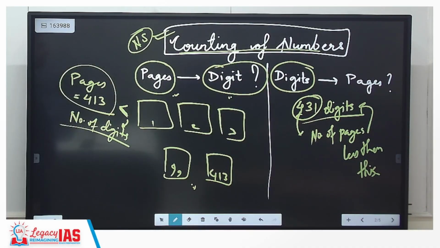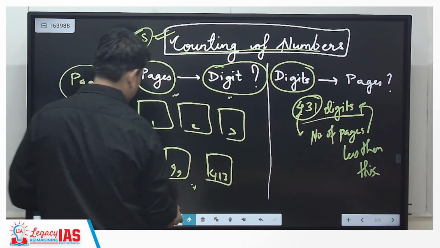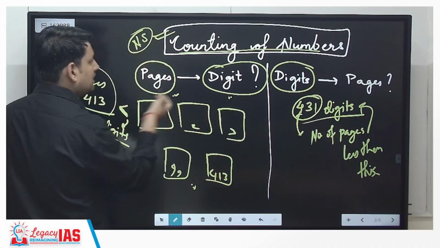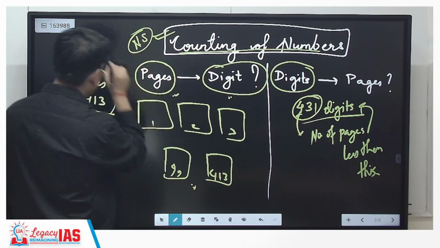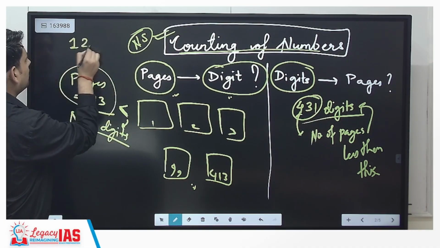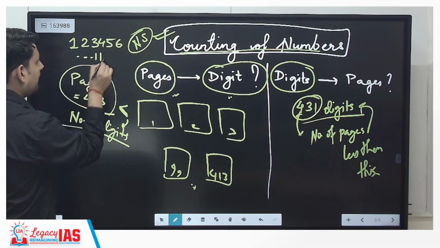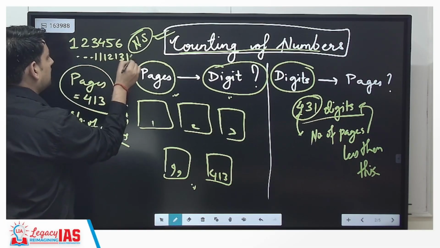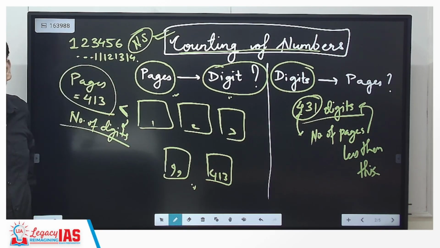Understood? Now they are given in different forms. Like instead of writing it like pages or digits of the book, what I can do is I can also write it like, let's say this, side by side. 1, 2, 3, 4, 5, 6, like this I'll go 11, 12, 13, 14. Now I ask you how many digits are in this number.